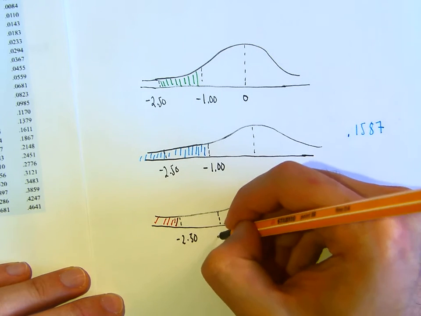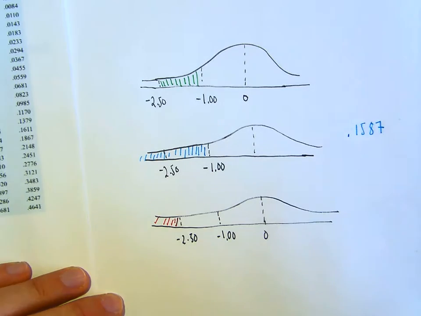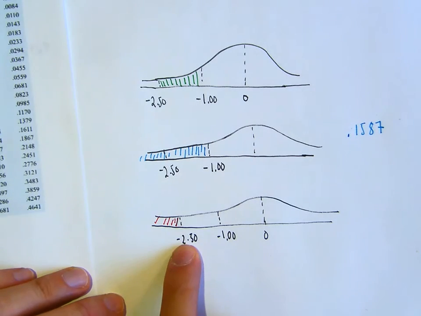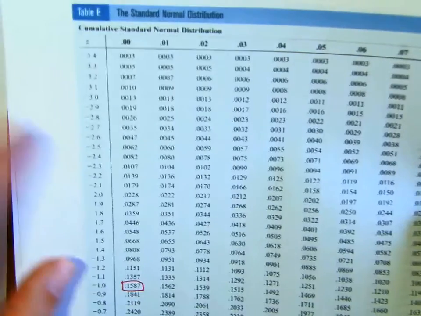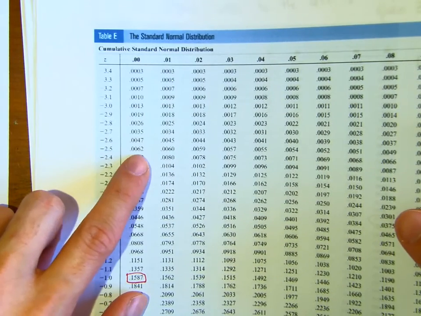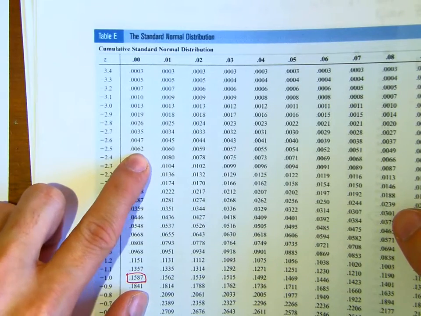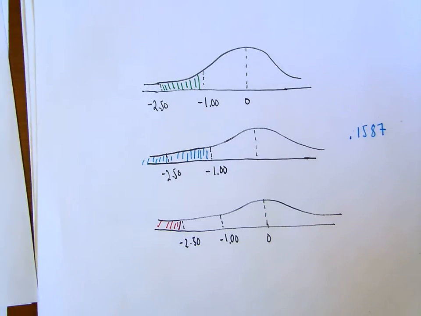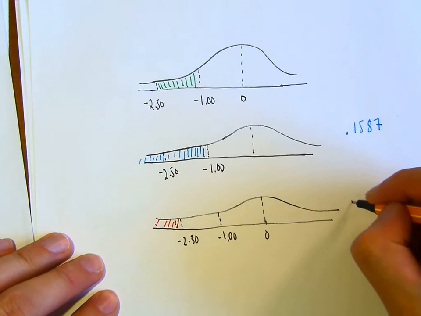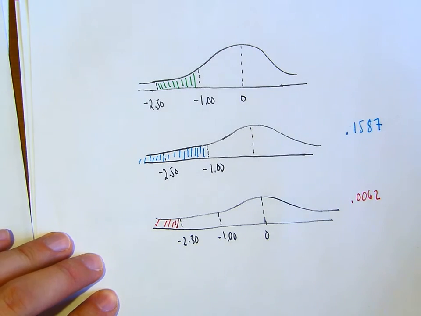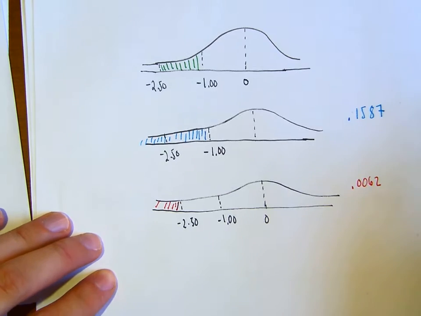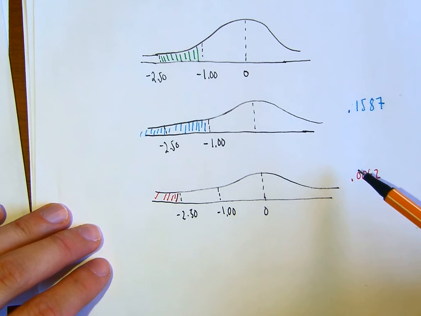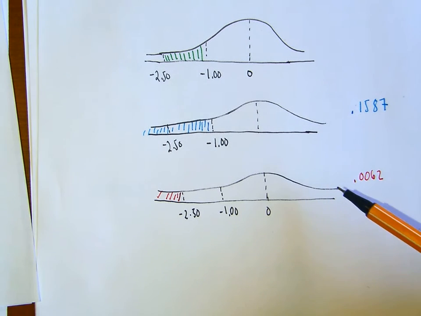And this is -1, and this is 0, right? What is the area to the left of -2.50? This will be, well, let's take a look. -2.50 is 0.0062. So this area over here is 0.0062. Okay.